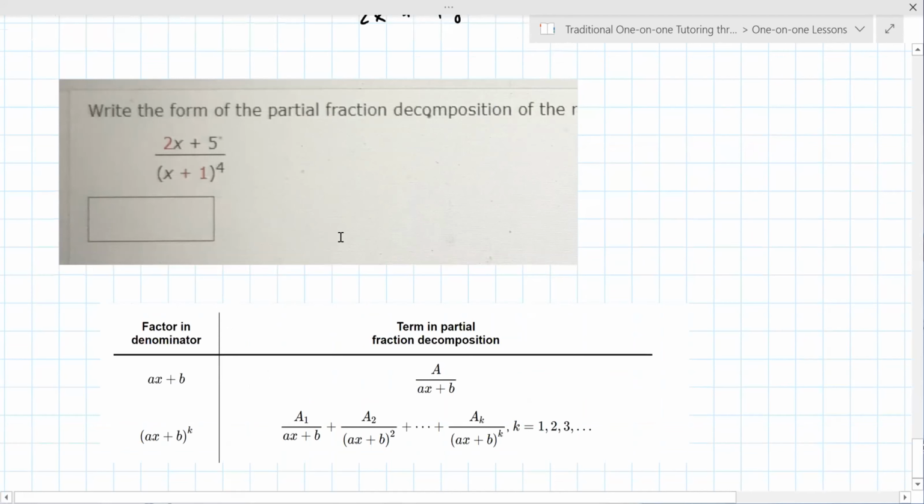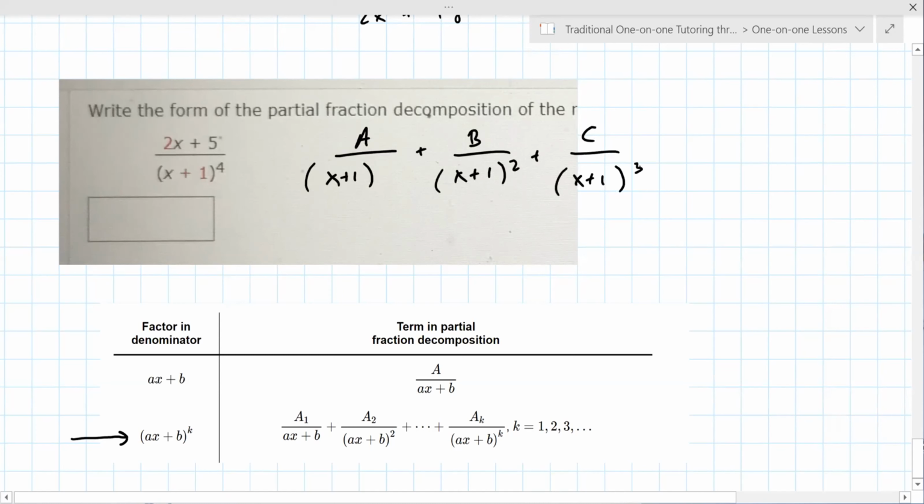I'll just snip in the first 2 here, and I think it's very helpful. So yours is in the second form, and I don't use A1s. I use A, B, C, and so on for these. So the decomposition here is that it becomes A over x plus 1 plus B over x plus 1 squared plus C over x plus 1 cubed plus D over x plus 1 to the 4th.